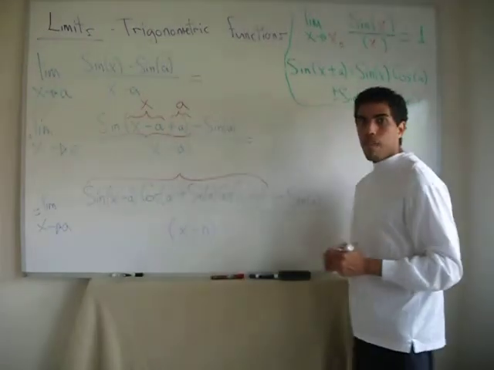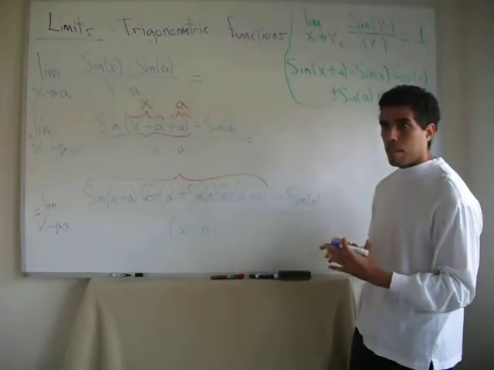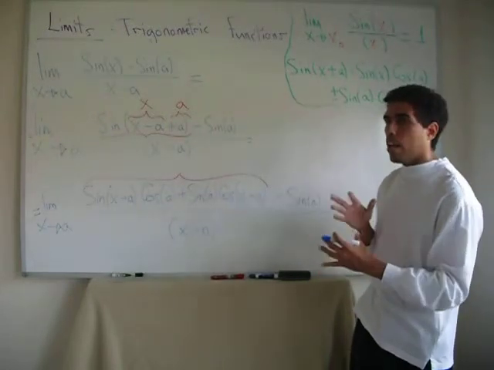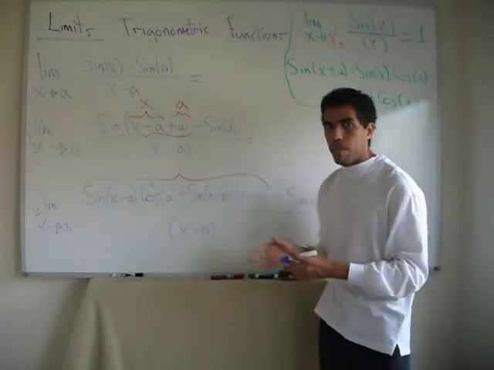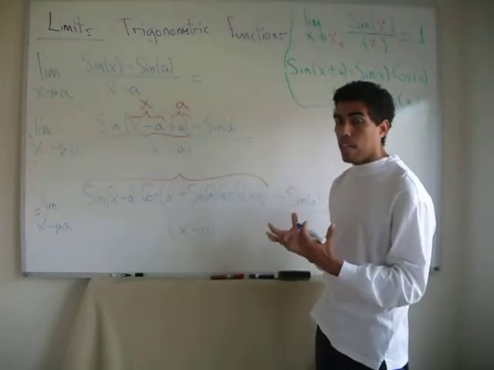Now, I have to start looking for the notable limit, the trigonometric limit, which is this one, okay? And I have to look at it in every single part of the equation, because as long as I'm able to simplify something, I will be able to get rid of the indetermination.